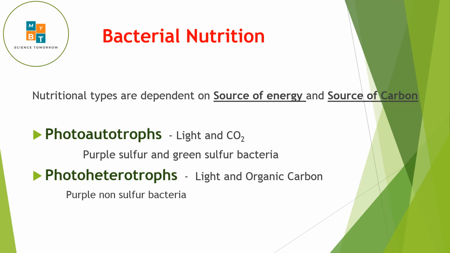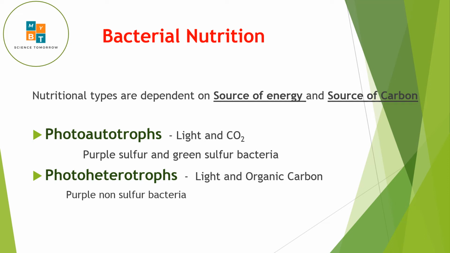According to the nutrition of bacteria, we can divide them into four groups. The nutrition types depend on the source of energy and the source of carbon. The source of energy can be photo, that is light energy. Photoautotrophs and photoheterotrophs.